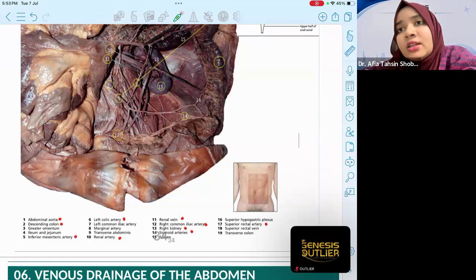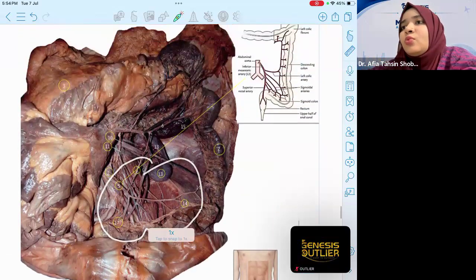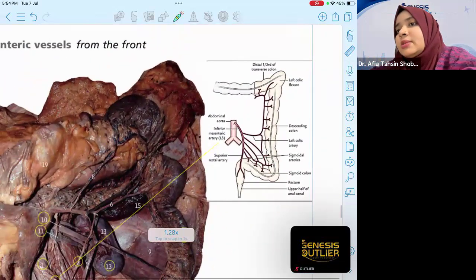Then which are the branches of the inferior mesenteric artery? This 6 is left colic artery, this 14 is sigmoid arteries, and this 17 is superior rectal arteries. These 3 branches. I want to show you this image.